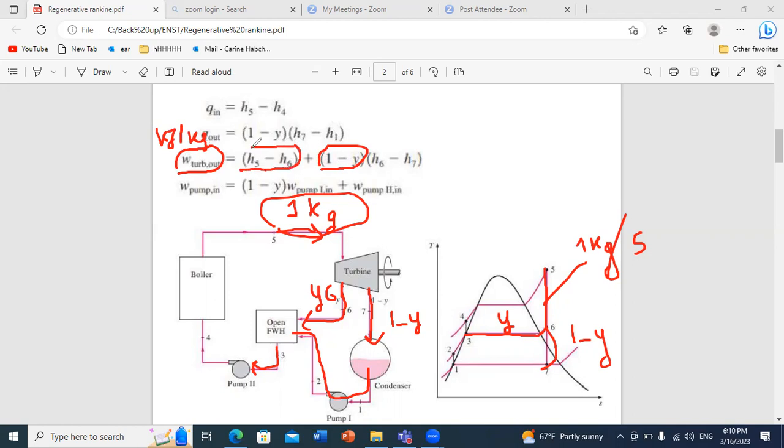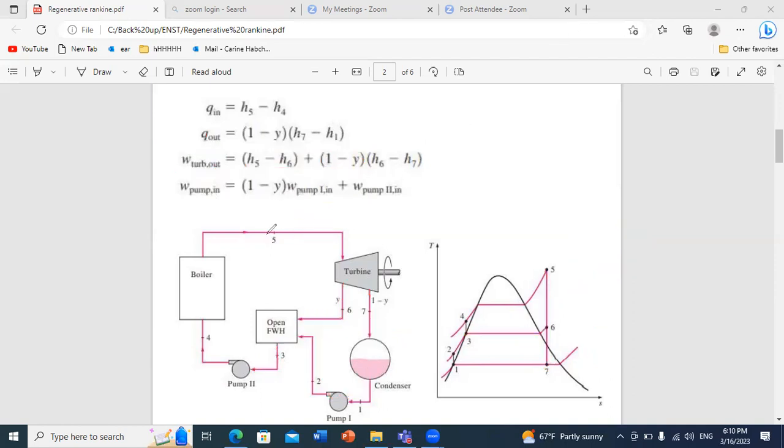This is why the value of W turbine output will be H5 minus H6 plus 1 minus Y times H6 minus H7. On the other hand, for W net of pump, I should consider W of pump 1 and W of pump 2.